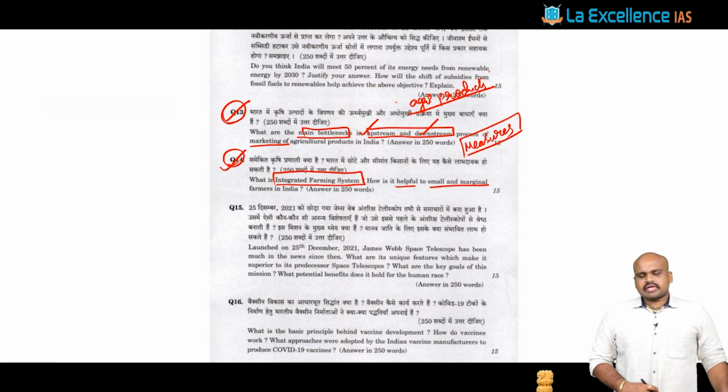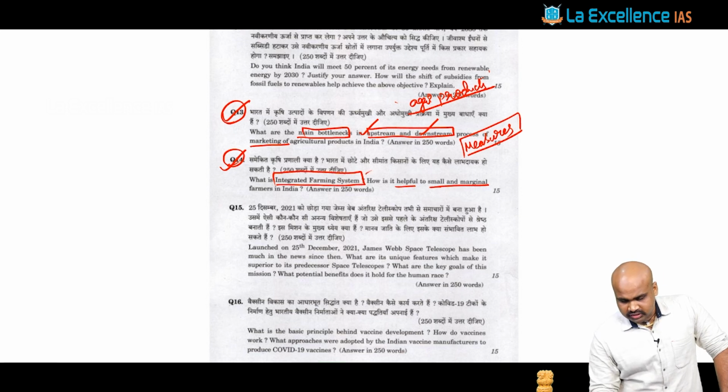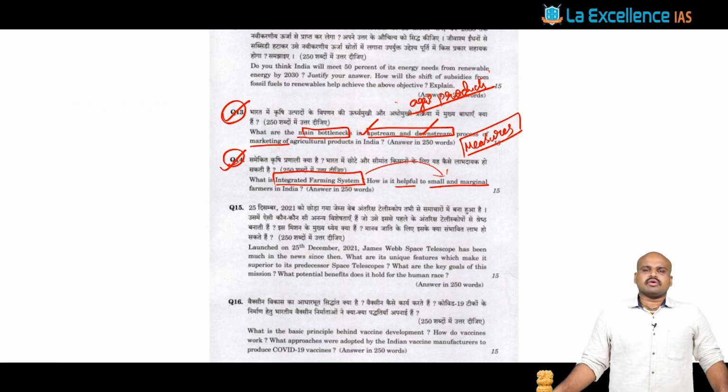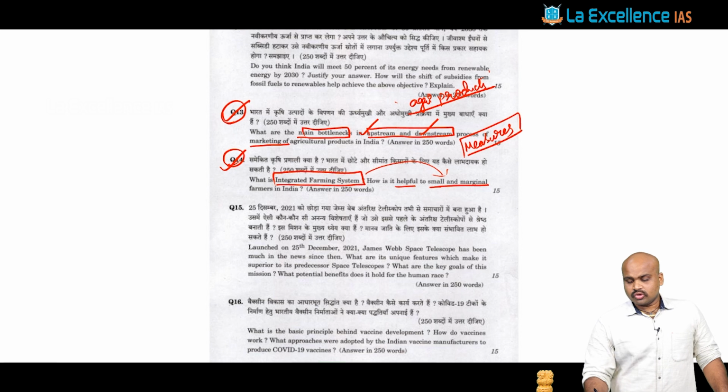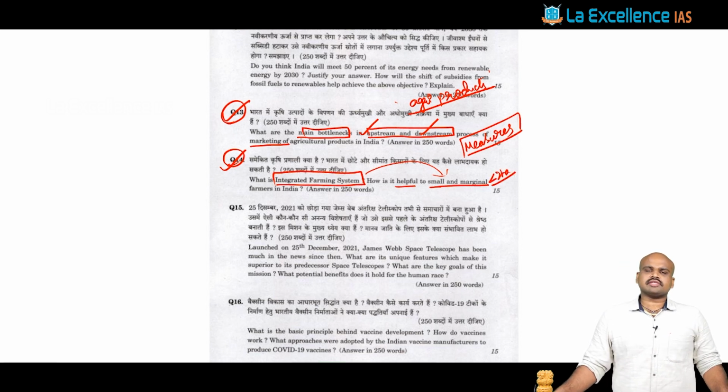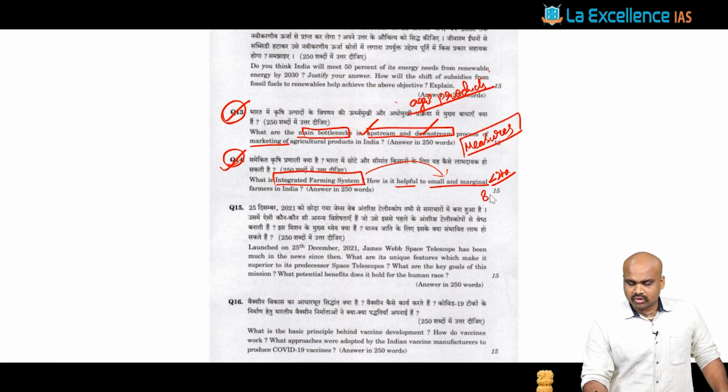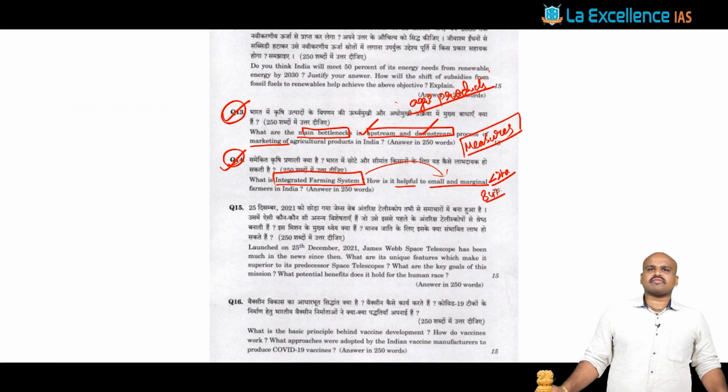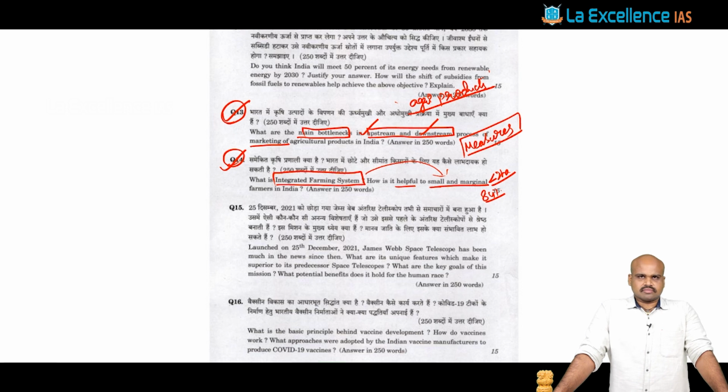And we are seeing how this is helpful, specifically, with respect to small and marginal farmers. When you talk about small and marginal farmers, we know those are individuals with less than 2 hectares of land, and around 84% of Indian farmers are small and marginal.